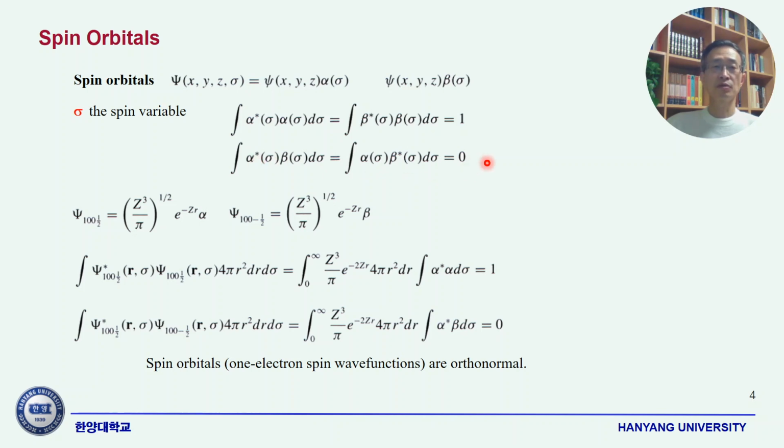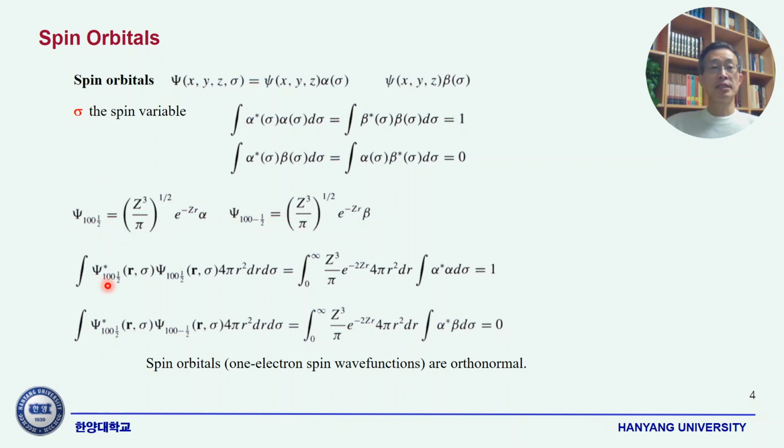This is the orthogonality condition. For example, the 1s orbital, which has quantum numbers 1, 0, 0, could have the alpha function or the beta function. In this case, we indicated 1/2 or minus 1/2. So this is now spin orbitals.